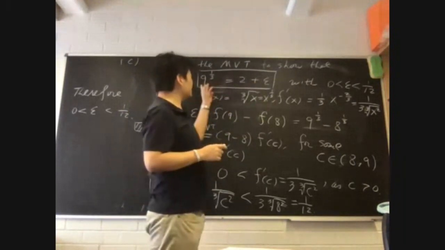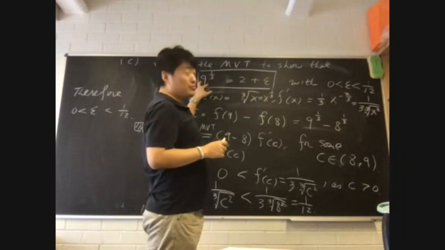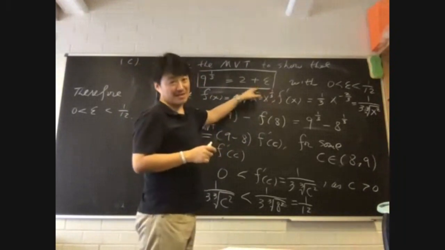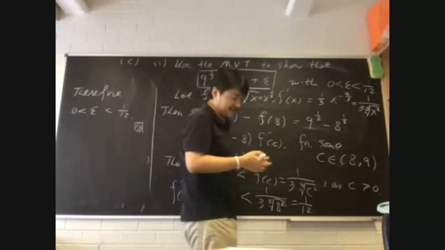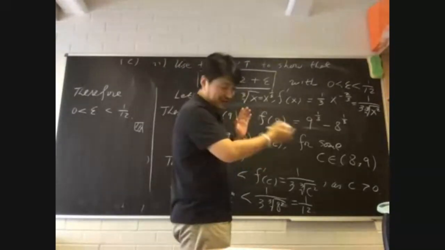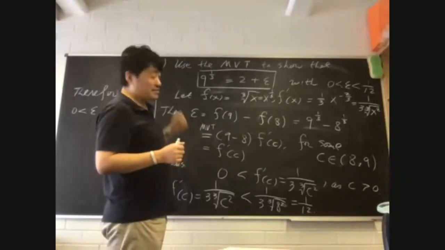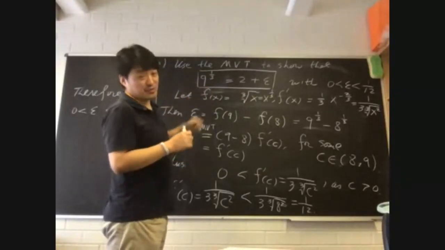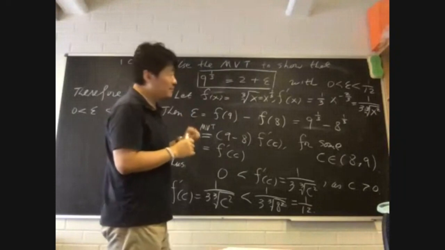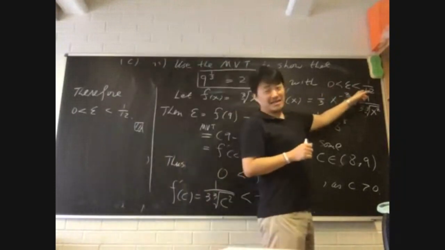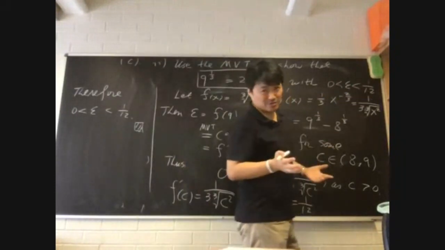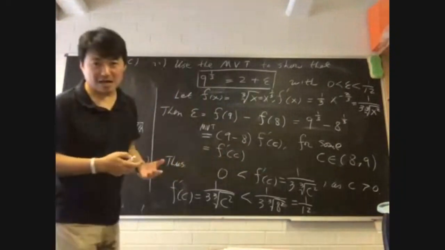This is to say that the difference between the cube root of 9 and 2 is epsilon. And you're asked to show, if I say this in words, that the difference between the cube root of 9 and 2 is at least 0 and at most 1/12. That's how this problem should be read.